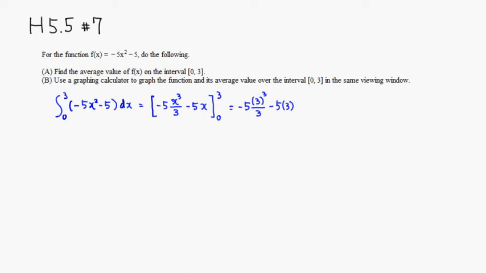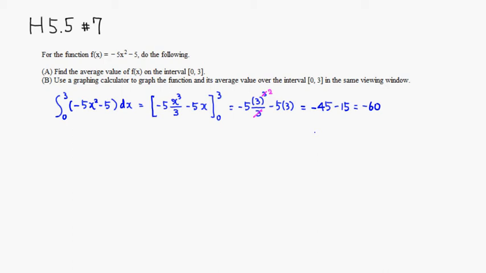You can see that one of the 3s cancels out, so that's going to be squared. So 3 squared would be 9, and 9 times negative 5 is negative 45. Minus 3 times 5 is 15, so that would be negative 60.